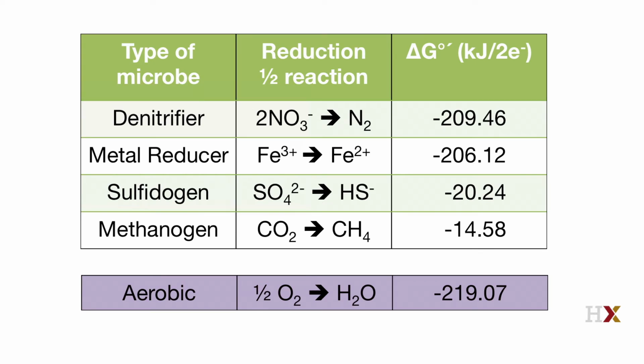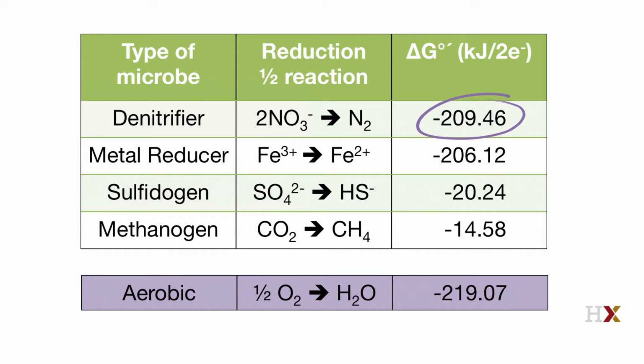The final acceptor of electrons is nitrate, and the final product of anaerobic respiration is dinitrogen. We can also see on this table the change of free energy for each of these anaerobic respiration reactions. And we can see that the most exergonic respiration occurs in denitrifiers.